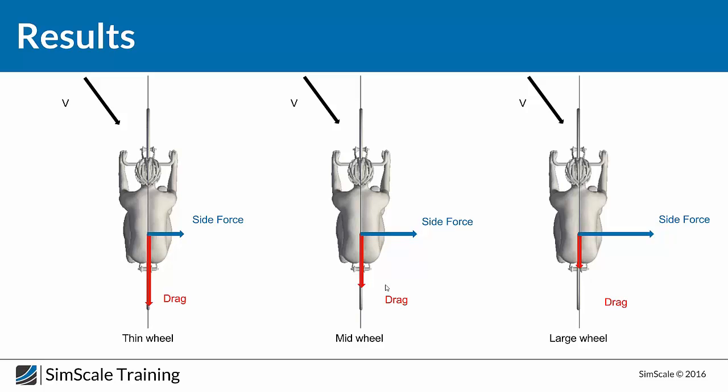You will not have so much drag or so much side force, but it's balanced. But for large wheels, you expect low drag but high side force. So it's really important to remember this when you are an athlete riding, or you are a designer trying to find a better design for your wheels.